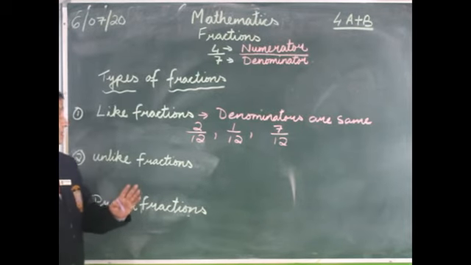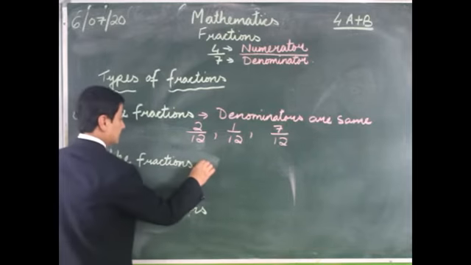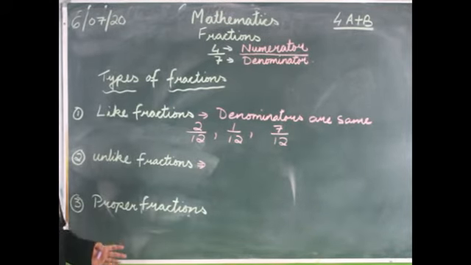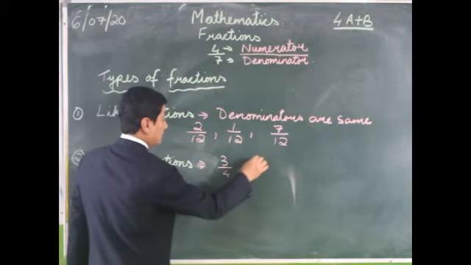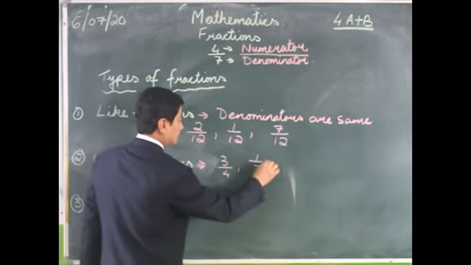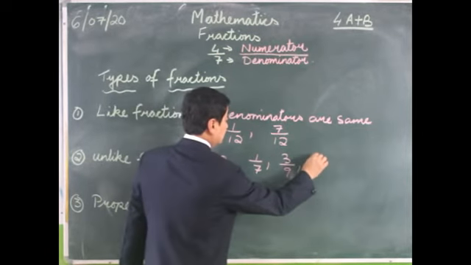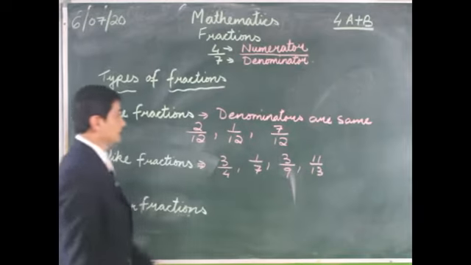There is no change. So in unlike fractions, the denominators are different. Okay? So for example, 3 upon 4, 1 upon 7, 3 upon 9, 11 upon 13. So just see the difference here.